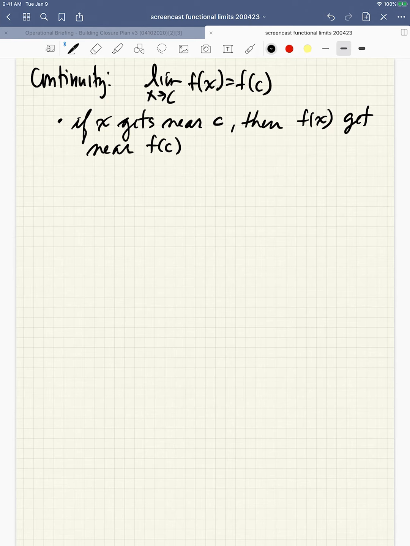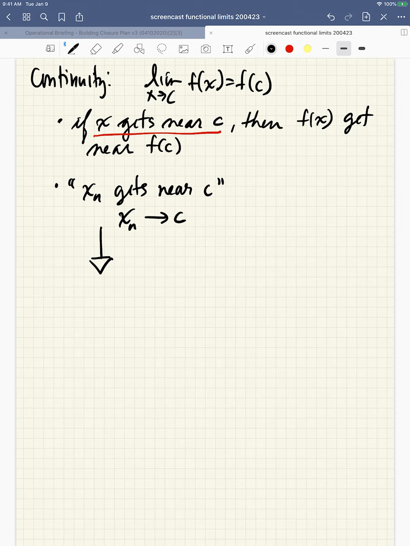What's a natural way to move this toward the use of sequences? Well, one natural way is to take this x gets near c, right? We could replace that with xn gets near c, right? xn is a sequence converges to c, right? That's straightforward enough. So maybe then that would lead us to say that what this means, limit as x goes to c of f of x, means the limit as x, oh no.